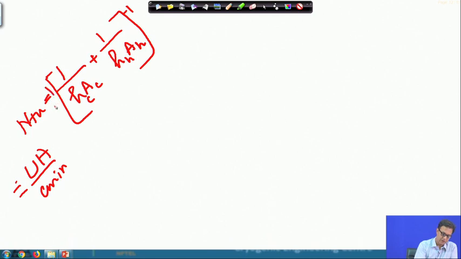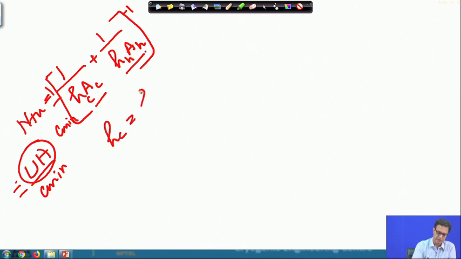So, this is the value of C mean, and this UA is 1 by HC AC plus HH AH to the power minus 1. In this case we have seen that both the HC AC and AH are the same. Here the HC is equals to HH is equals to 8320, and AC is equals to AH is equals to 0.950.